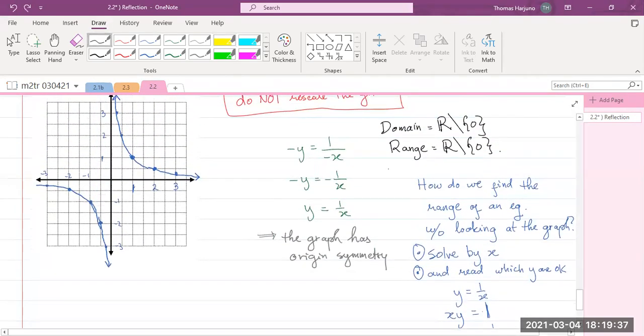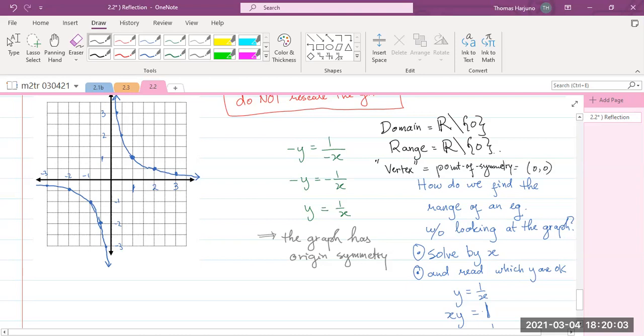I usually call that the vertex, but I use it in quotes, which is not really a vertex. The vertex here, to be more precise, is the point of symmetry. The point of symmetry is the origin.